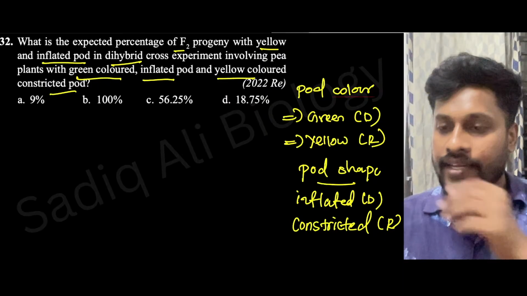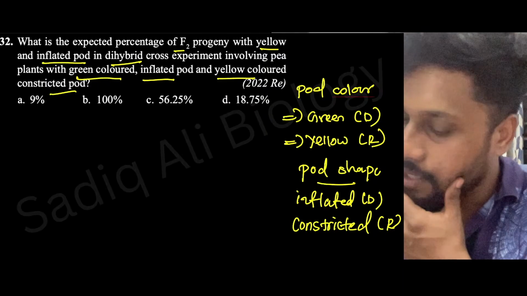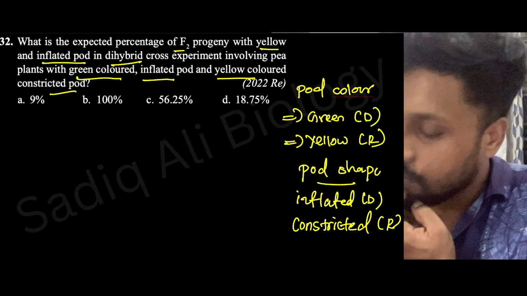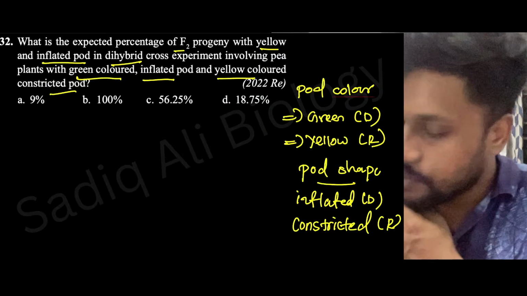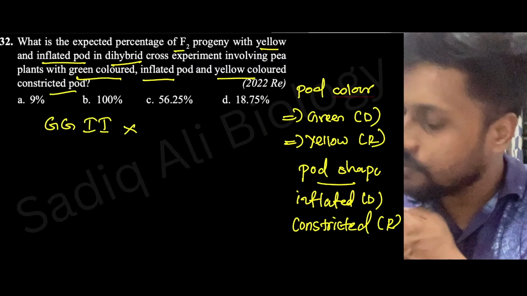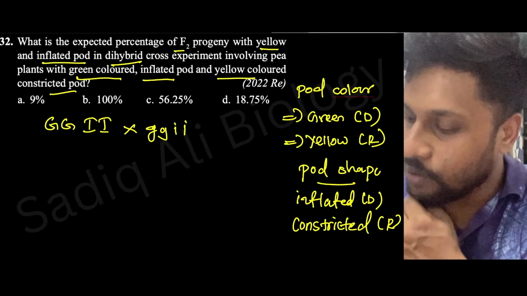Here what will be the answer, guys? Pea plant green colored, which means let me write capital G, inflated, capital I, with yellow, which means small g, small i.